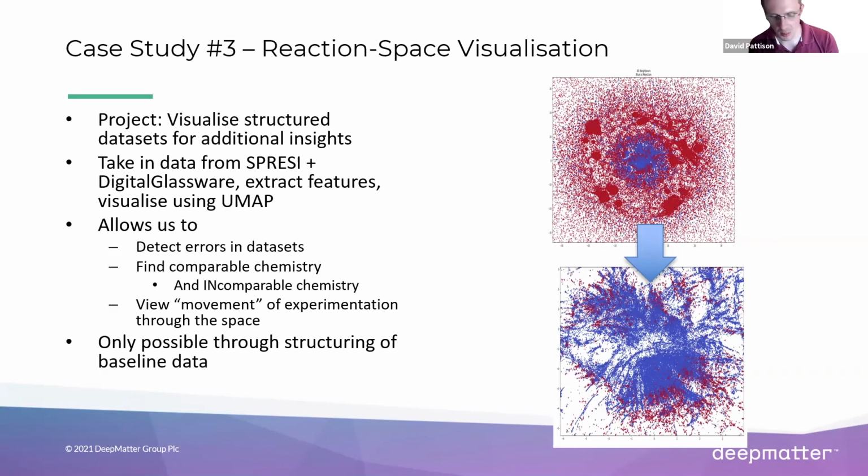And that sort of information allows us to start saying, okay, well, can we visualize movement through this experimental space? Is it possible that we can actually start moving from just visualizing the data and the movement through it to actually a more generative style model, which would come from something else? But it would allow us to say, well, if we've got this portion of the space and this portion of the space, wouldn't it be nice if we could actually explore the portion in the middle?